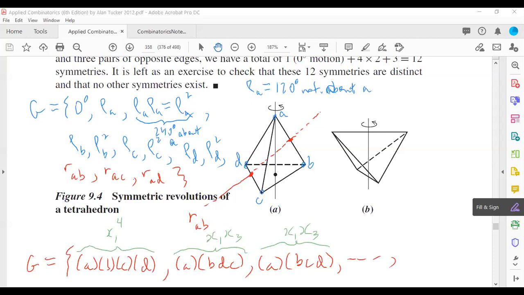And R of D squared is the last one of these. Mary, are you still in here? Yeah, I'm here. So what does R of D squared do? How would I write that?